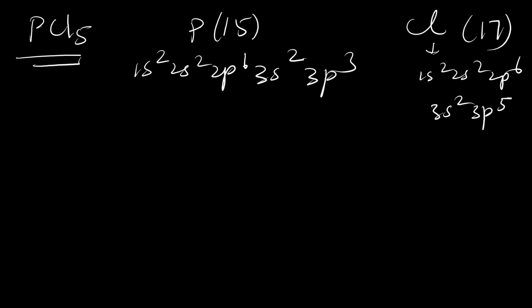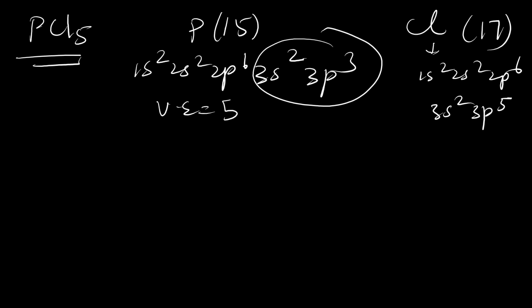So as phosphorus has 5 electrons in its valence shell, it needs only 3 electrons to complete its octet. Whereas chlorine has 7 electrons in its valence shell, so it needs only 1 electron.